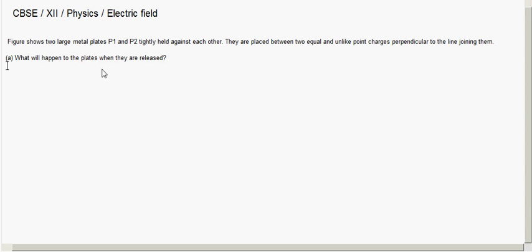Question number B. Draw the pattern of the electric field lines for the system.